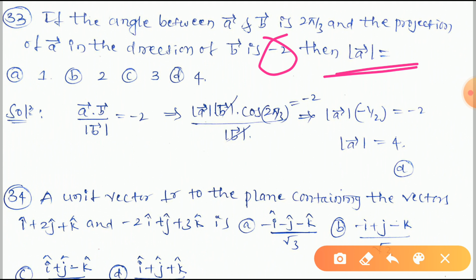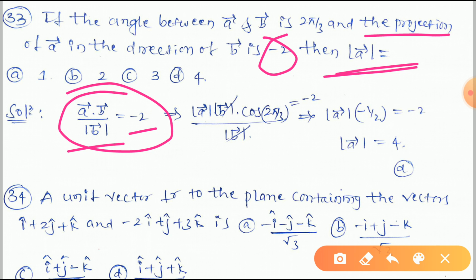Okay, we know that the projection of vector A in the direction of vector B is equal to minus 2. We know the definition for projection of a vector A in the direction of vector B is equal to A dot B divided by magnitude of vector B. This is equal to the given, that is minus 2.